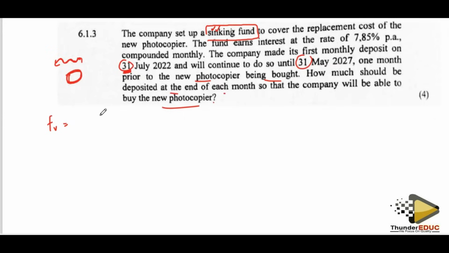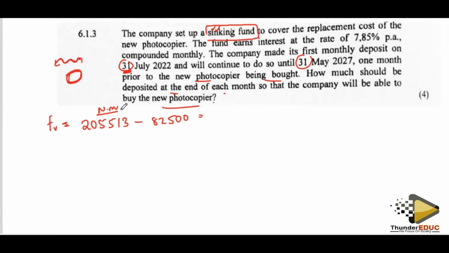So since we had 205513, okay, then we subtract. This is going to be the cost of the new machine. And then subtract what the old one is worth, which is 82,500.